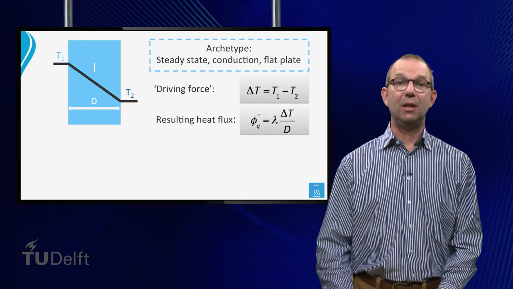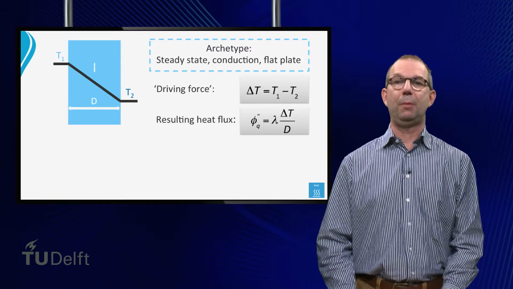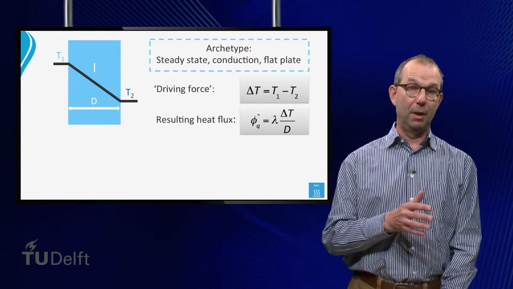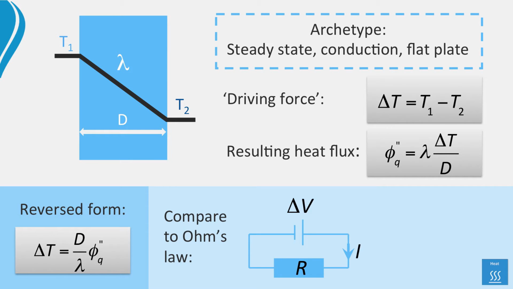We can make an interesting and pretty useful analogy by writing the flux versus driving temperature difference in reversed form. Delta T equals d over lambda times the heat flux. Compare this to Ohm's law describing the current through a resistance when a voltage difference delta V is applied over this resistance.